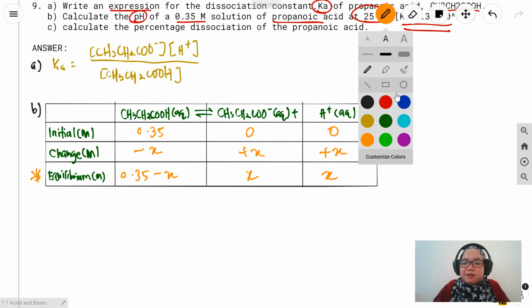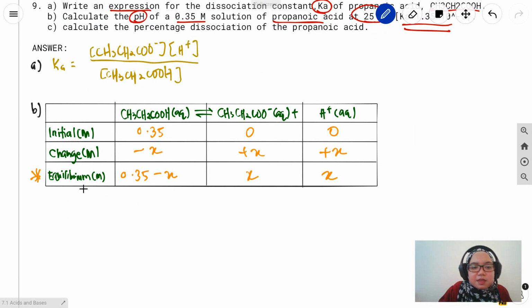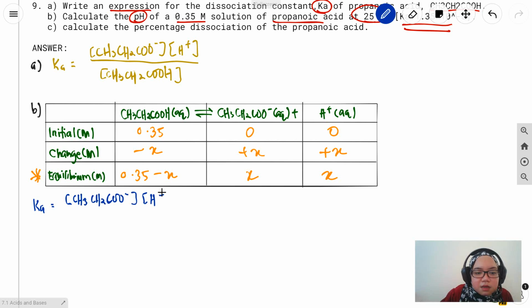So, we know that KA is equals to CH3CH2COO minus divide by CH3CH2COOH.